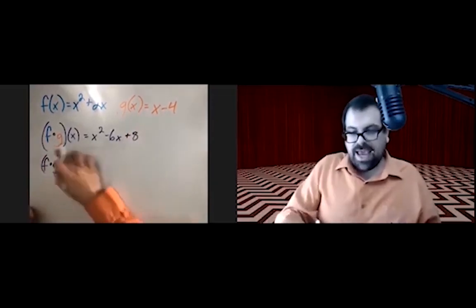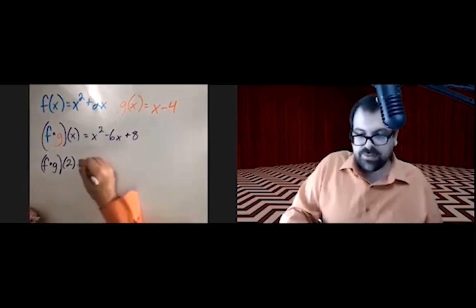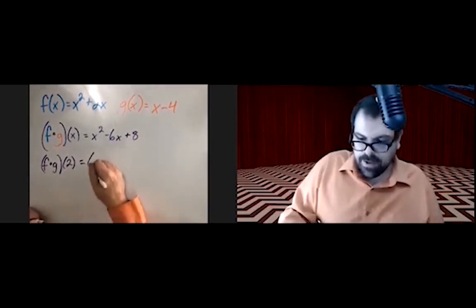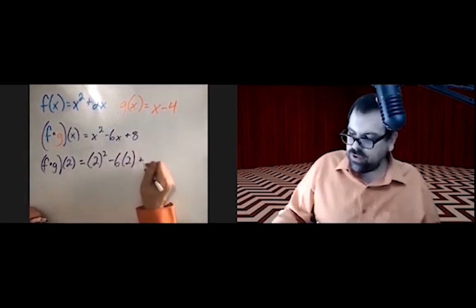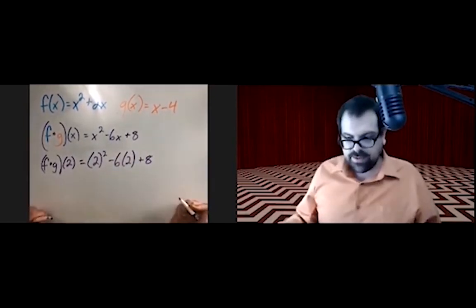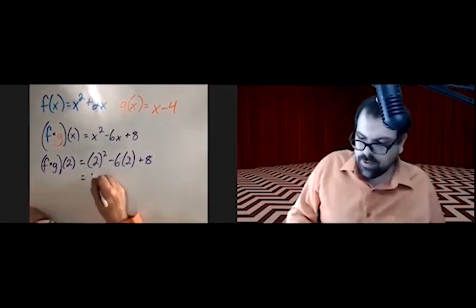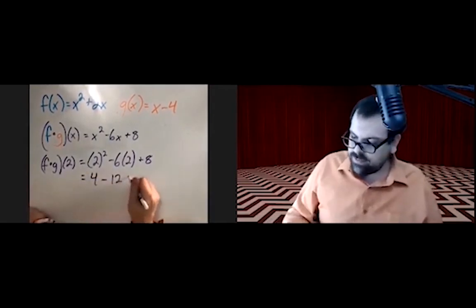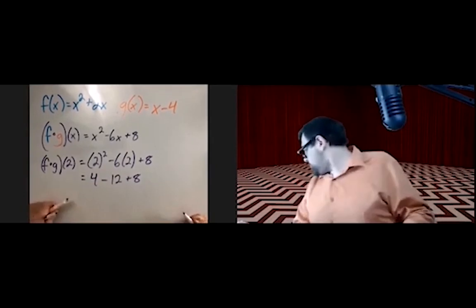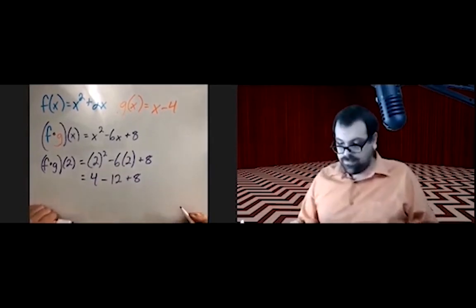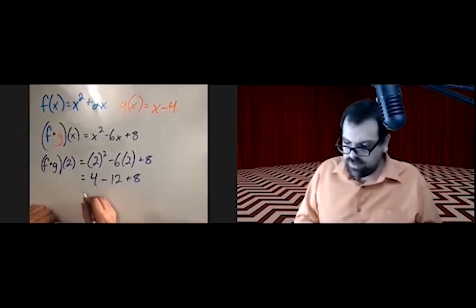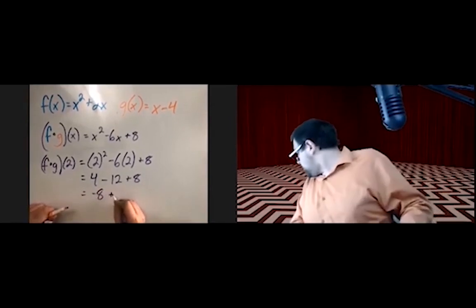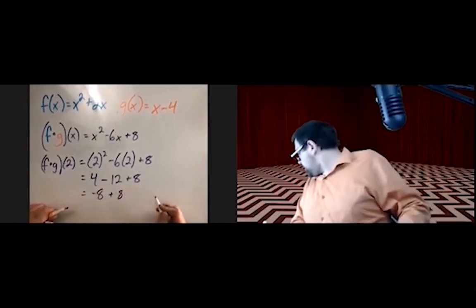Well, if we have F composite G of X, we can plug it in. 2 squared minus 6 times 2 plus 8. 4 minus 12 plus 8. 4 minus 12 is negative 8 plus 8.